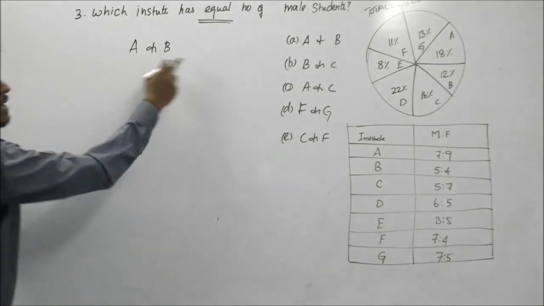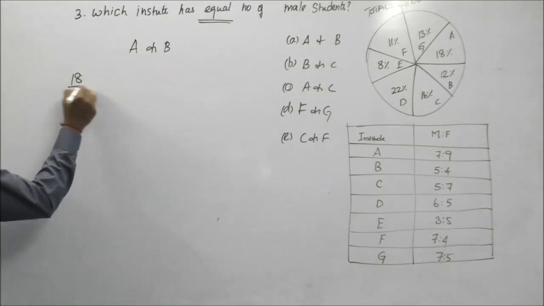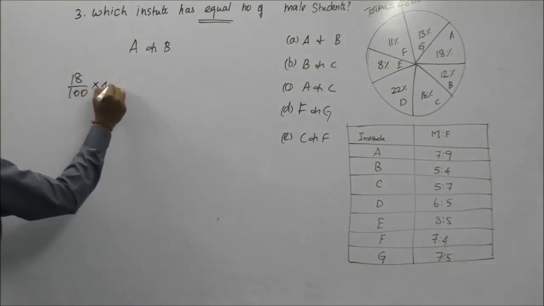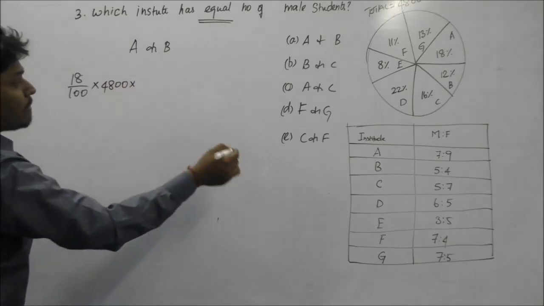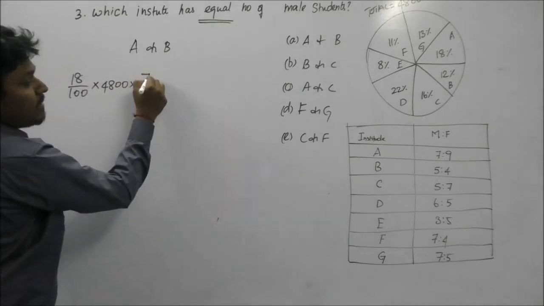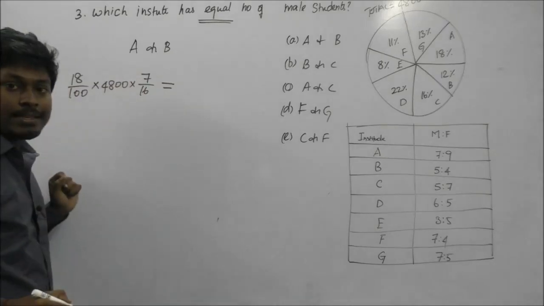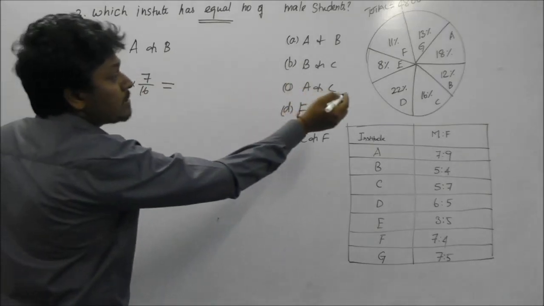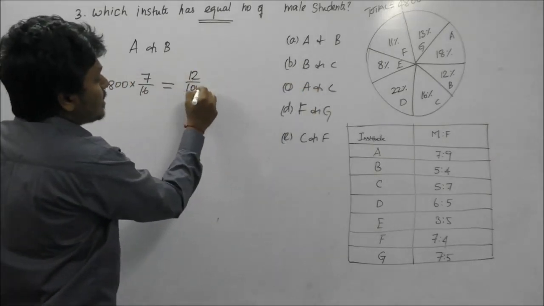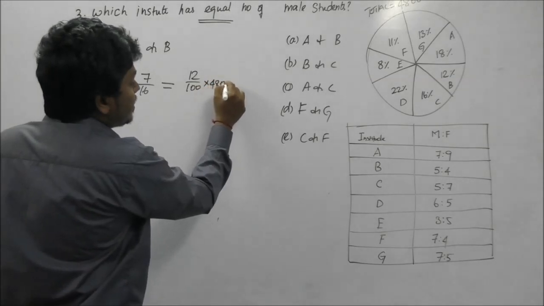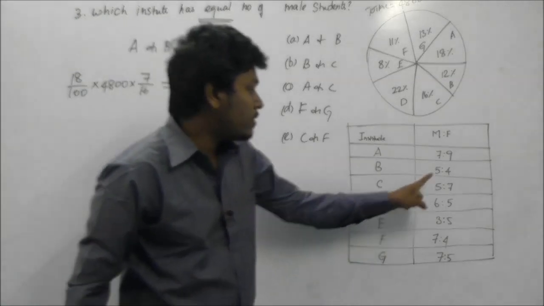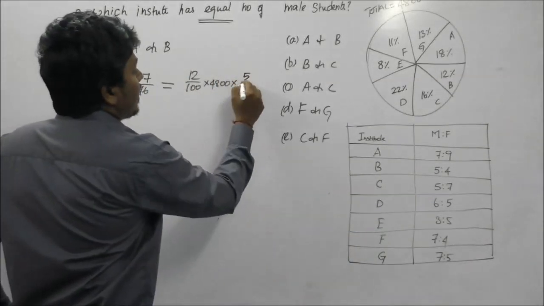See here, for A it will be 18 divided by 100 into 4800 into the male ratio of A, which is 7 divided by 16. Equating, whether it is equal, so I am putting here equal. B is 12%, so 12 by 100 into 4800 into the male ratio of B, 5 divided by 9.